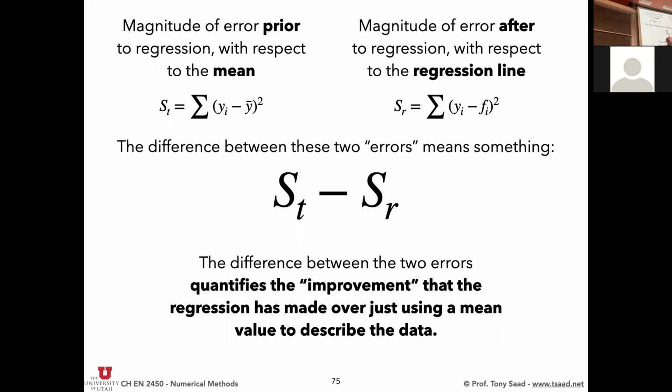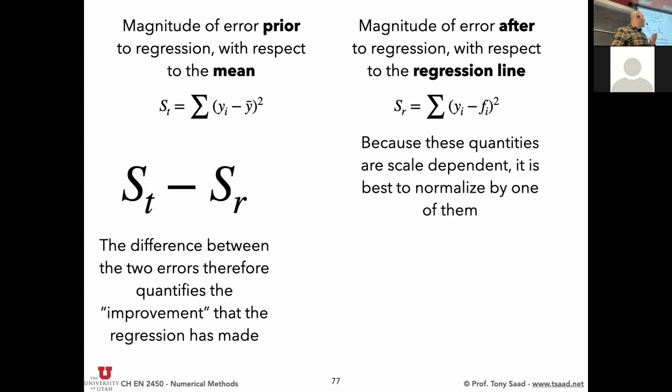So if this difference is 0, then you've done no improvement, okay? If this difference, on the other hand, is very large in absolute value, then you would have done a tremendous improvement. And that's where we're headed. We're headed to quantify how well the regression is behaving, okay?